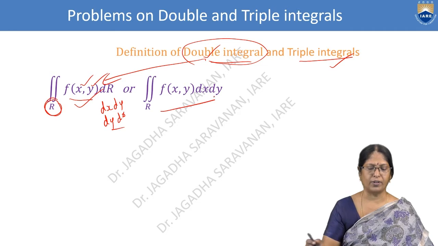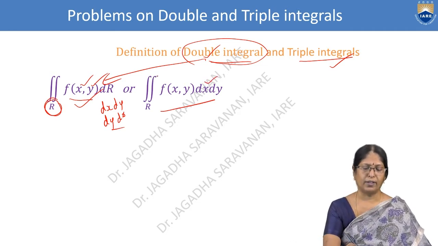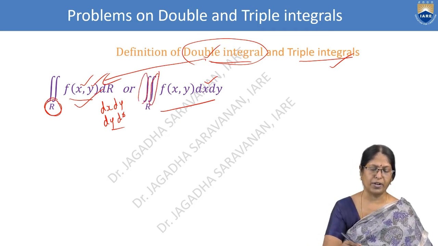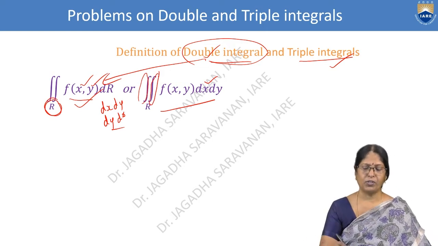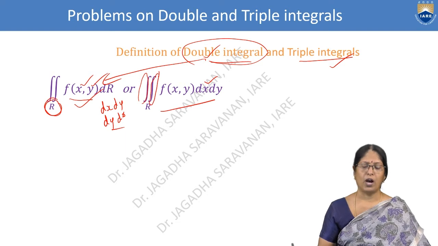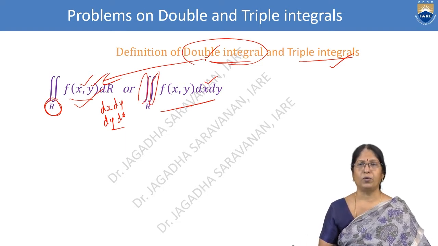Here dx is the innermost integration and dy is the outermost integration. First with respect to x or with respect to y, according to how the limits are defined, the integration will be done.